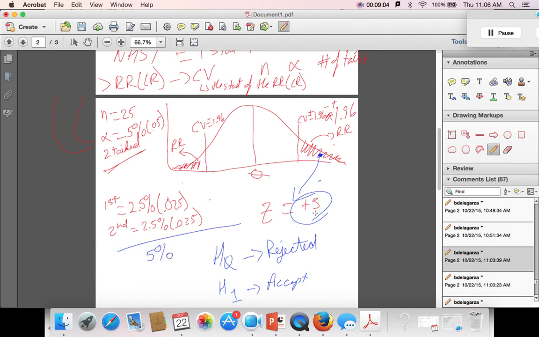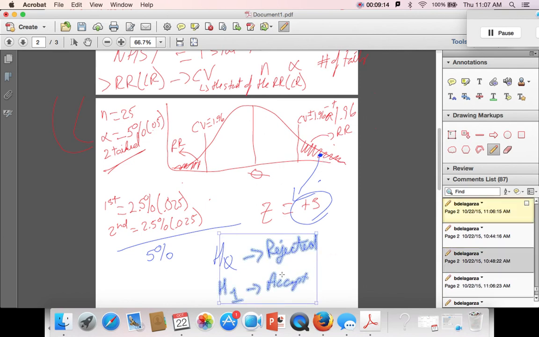My z-score of positive 3 lands inside of this area right here. So it lands inside of the region of rejection, thus I can reject the null hypothesis. And since I've rejected the null hypothesis, by default I'm saying I've accepted what the alternative indicates. So if I'm rejecting what the null hypothesis says, what does that mean?